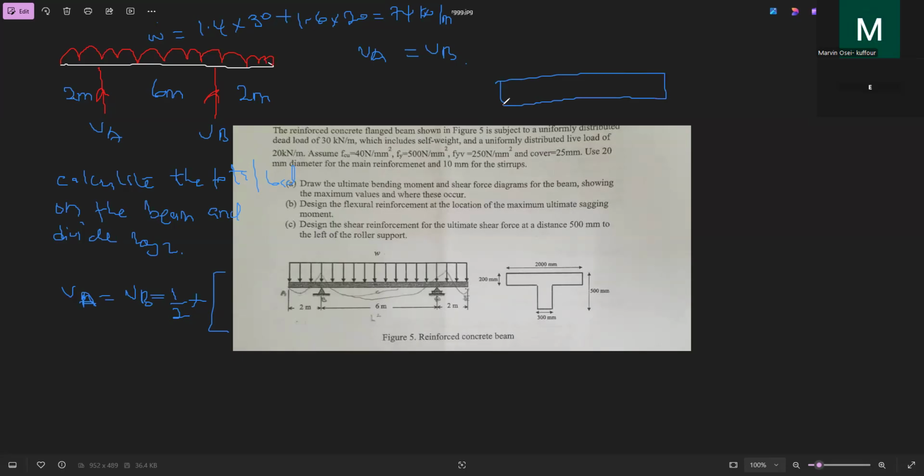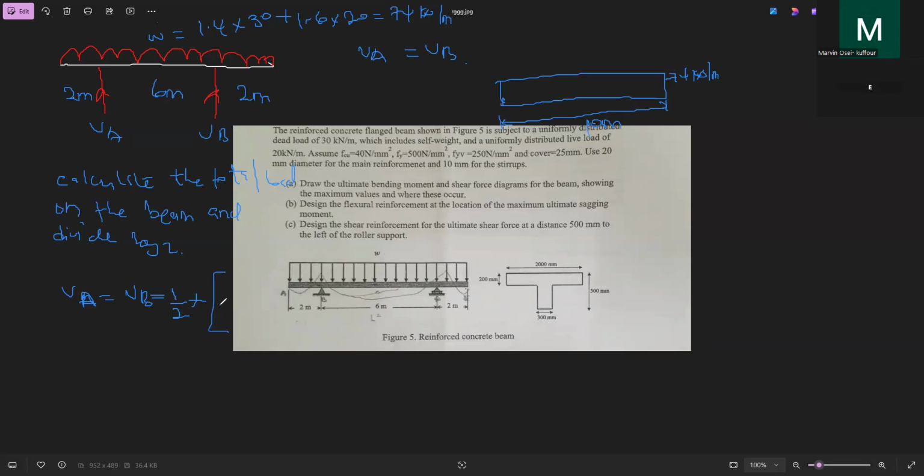The 74 kilonewton per meter is like the width, and the length, which you know already, is the total length of 10 meters.